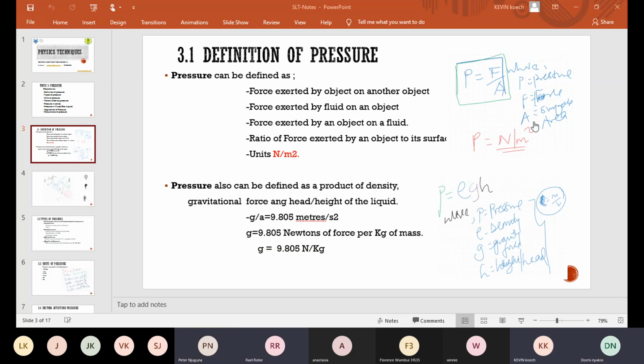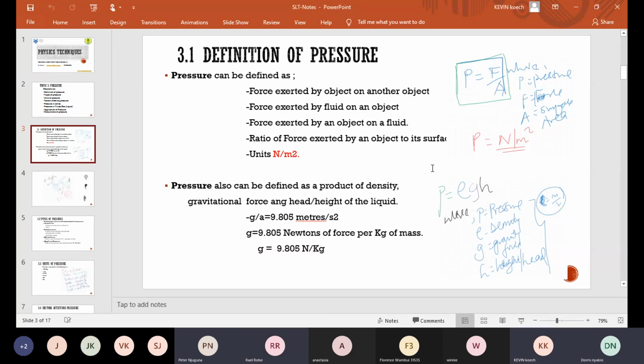Yes, Sinclair Jonas, you raised your hand, do you have any clarification? I'm good. Okay, Peter Njuguna, you may volunteer. What is pressure? I can define it as force exerted in a given area.